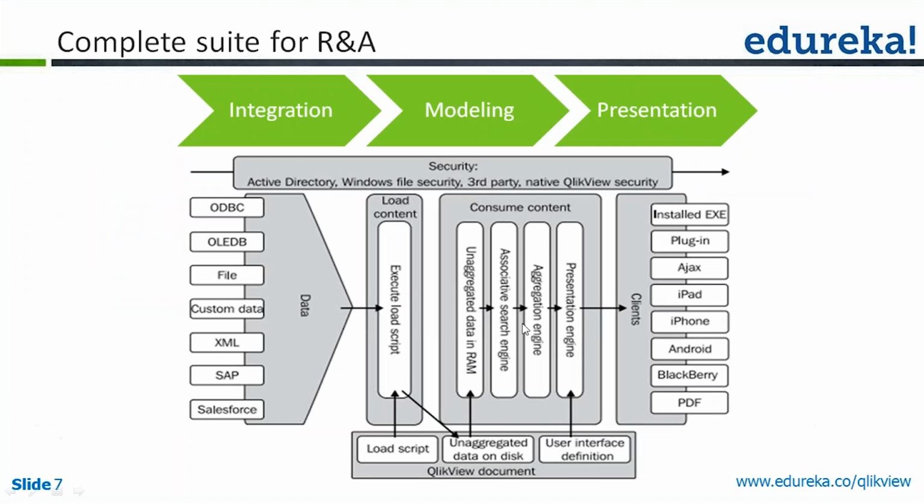And then the associative search engine comes into existence because the data is in memory, all of the data is related, and it starts producing the result via the aggregation engine and presentation engine. So these are the different components working together to roll out the presentation to different kinds of devices, whether it is a system, an iPad, iPhone or Android, or a PDF.